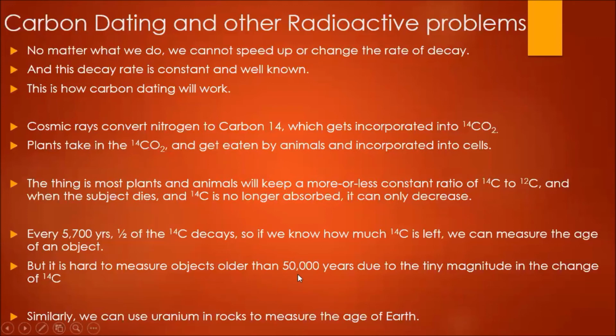Objects older than 50,000 years get a little iffy, because when you're measuring fractions of fractions of fractions, when you're measuring something where it's such a small change within the half-life, you come into, remember, our significant digits and our error, and it's hard to know approximately how much carbon-14 was lost. So when we get too old, it doesn't quite work. But it works to some extent.